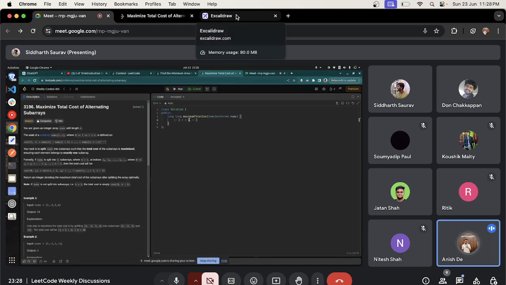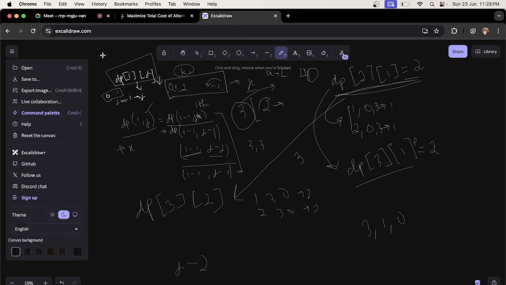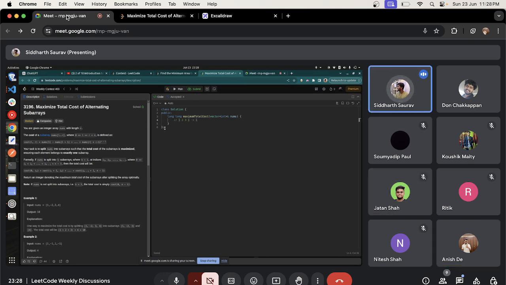Can you explain the question first? I didn't get the question. Okay, yeah. I will not read the problem statement, I will try to explain it from my end. Suppose this is our array: 1, 2, 3, 1, 1, 2. In this problem, we have to divide this array into certain subarrays. If we divide it here and then here, we have divided it into three parts.